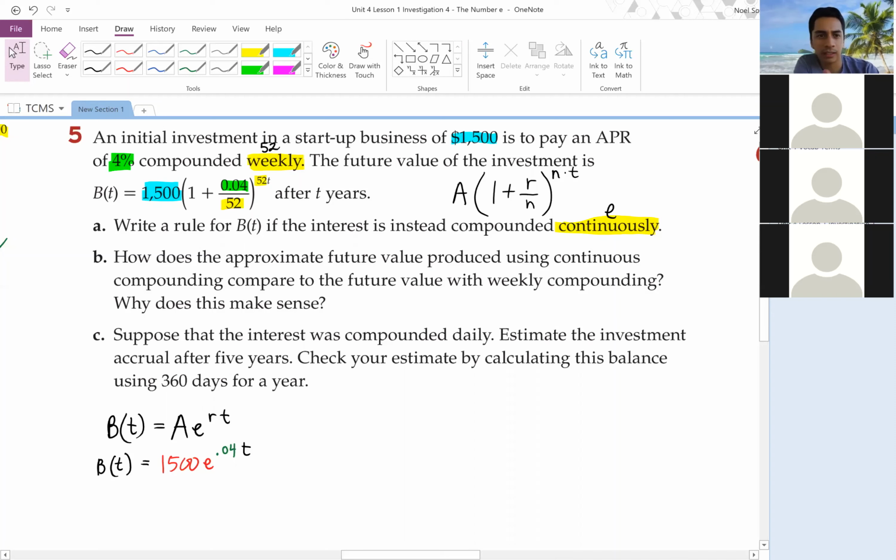With e, we had something where the limit of the n value was approaching infinity. That's where e comes from, the n value continuing to get larger and larger. Now think about this weekly problem. The n value stops at about 52. Though it's a somewhat large number, it is not as big as reaching infinity. 52 is a very comprehensible number.